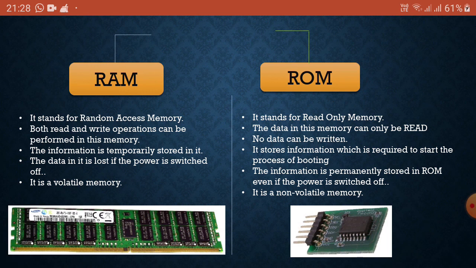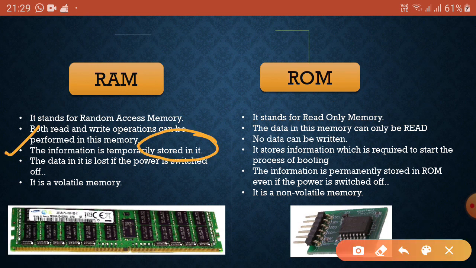Next, the information is temporarily stored in RAM. Got it? Because we have already learned that when the power switch is off, the information will be lost. But ROM stores information which is required to start the process of booting, and the information is permanently stored in ROM even if the power switch is off.